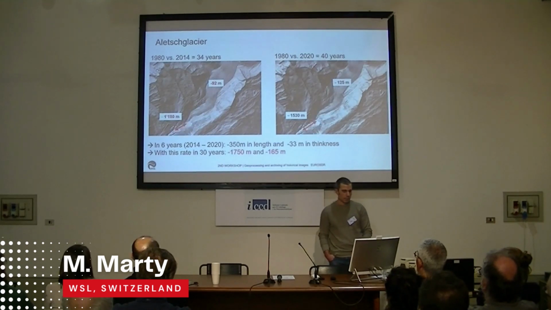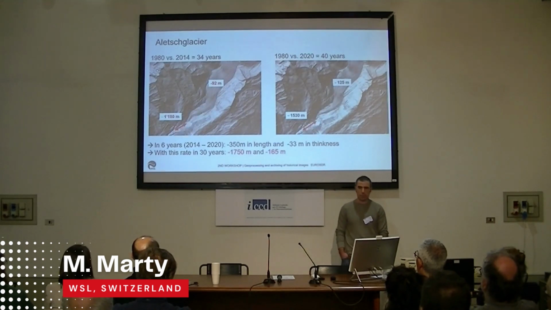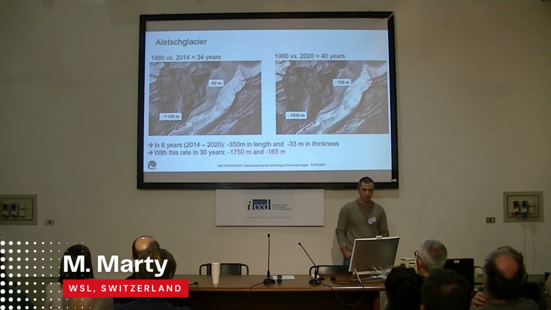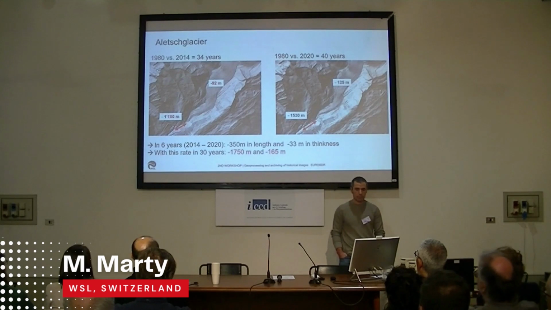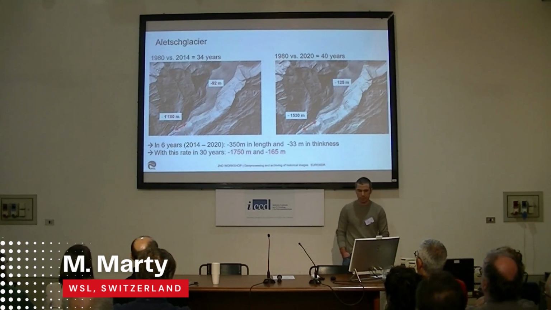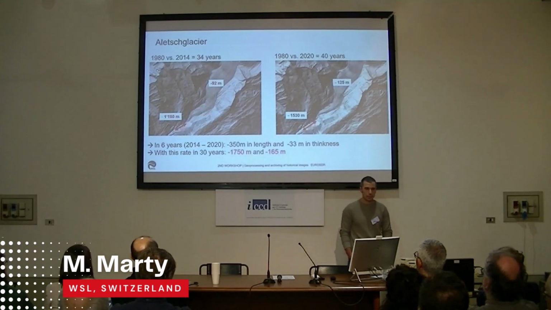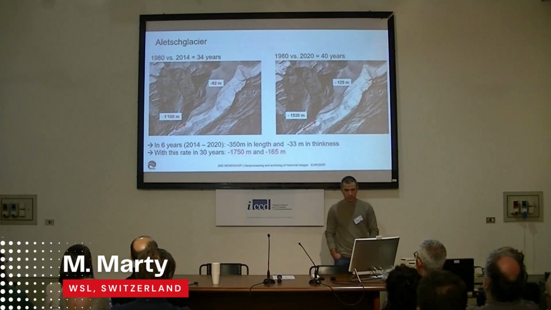And if you do the same thing for the 6 years between 2014 and 2020, you see that it lost 350 meters again, and also 33 meters in thickness. And if you now calculate for the next 30 years with this rate, you see that glacier melting is strongly accelerating.